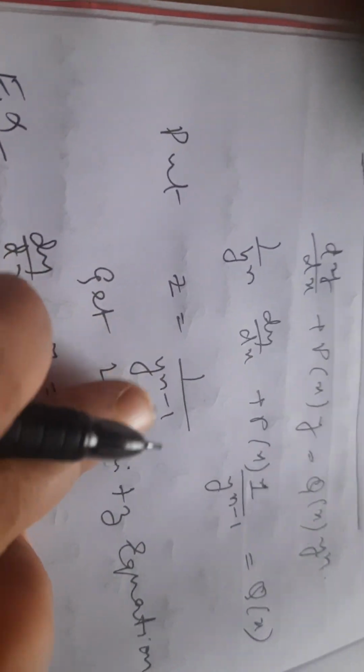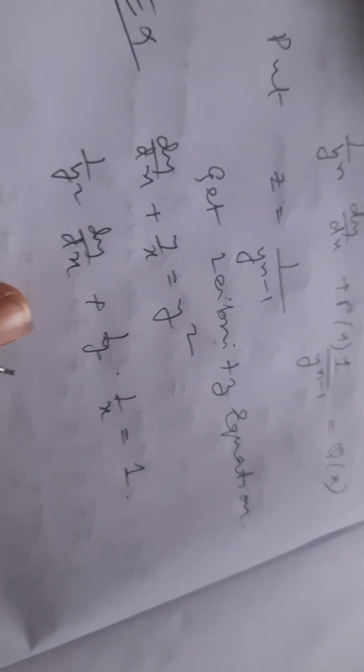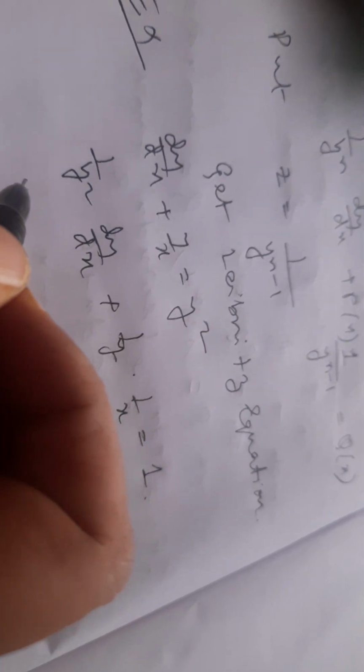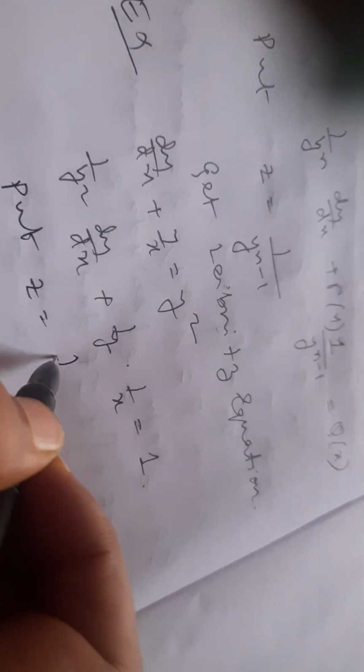So what do we have to put then? z equal to 1 by y to the power n minus 1. What is n here? n is 2 here, by comparing with the general form. So we will put z equal to 1 by y.